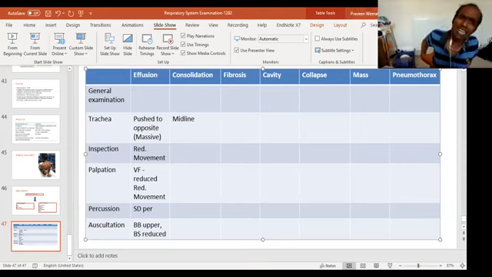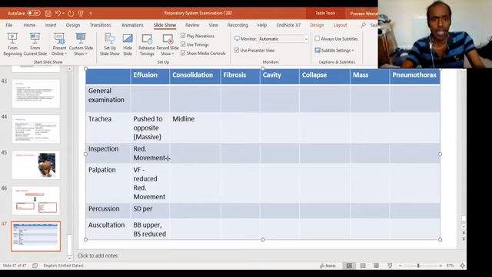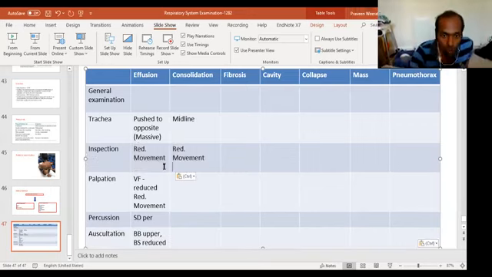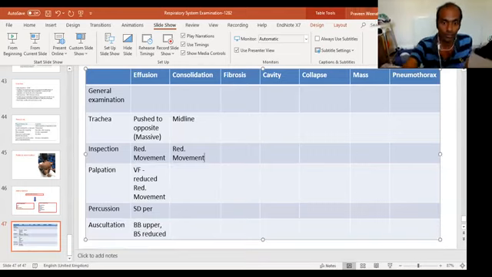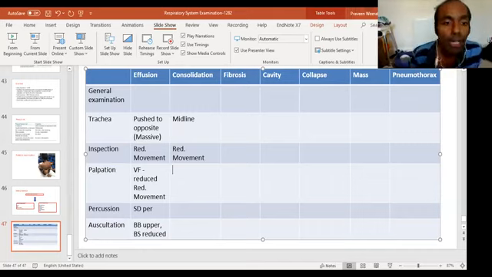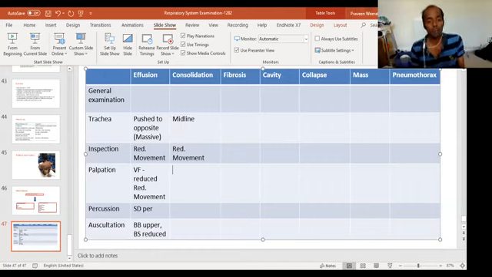On inspection, you might see reduced movements in that area. If a large lobe is involved and the alveoli are full of fluid, you might see reduced movement in that area. What happens to the vocal fremitus? Now the lung, remember, is more solid.